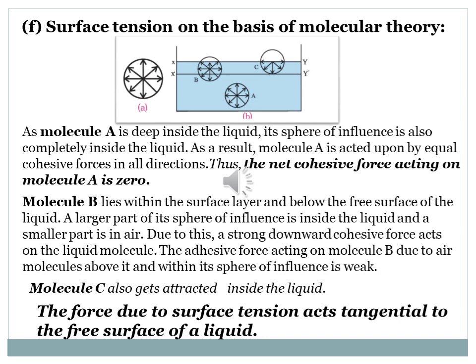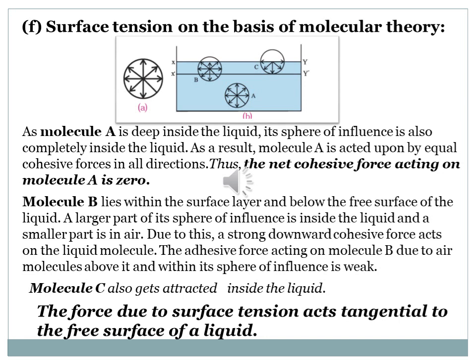Second, there is a container having liquid, water. Then we have three spheres of influence: A is well immersed in the liquid, B has some part above the liquid surface in air, and C is half in liquid and half in the air column.